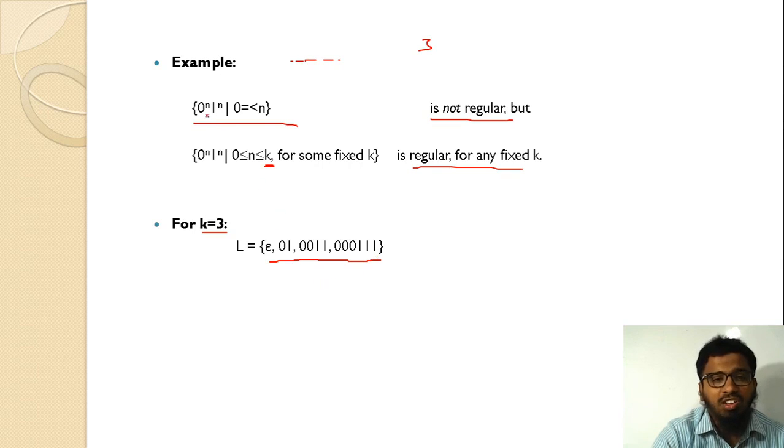So, what does it mean? 0 power n, 1 power n means an equal number of zeros and ones. See here: 01, 0011, 000111. If k is equal to 3, then it will stop here. If we did not use this, then it would be infinite, and this is not a regular language.